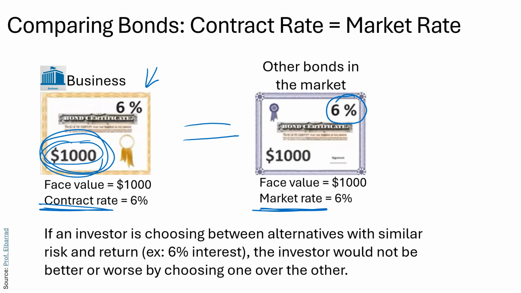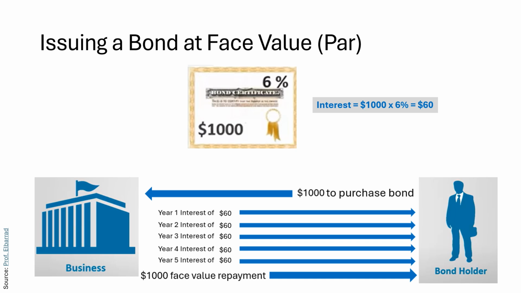But things can get a little more confusing. This is just an illustration of what we just went over. The $1,000 face value and the 6% contract rate. The business is looking to issue bonds, which means an investor is looking to invest. They see this $1,000 bond.